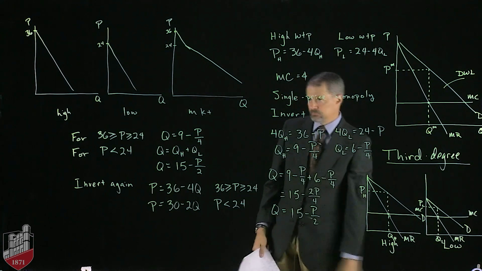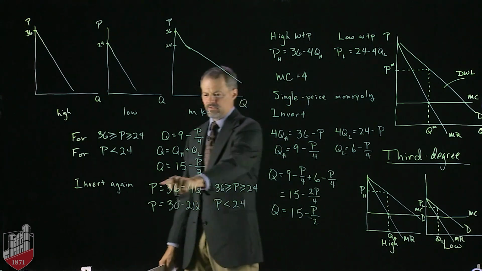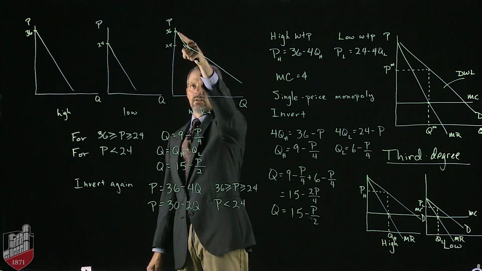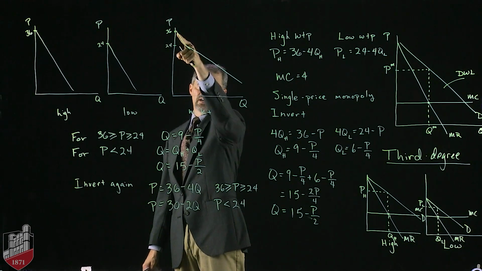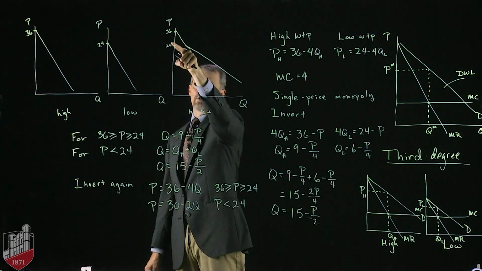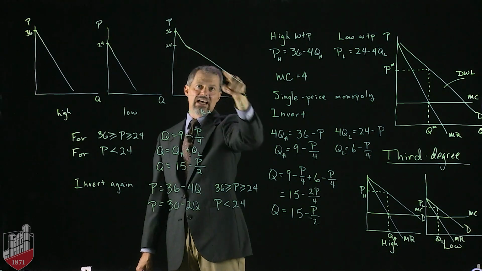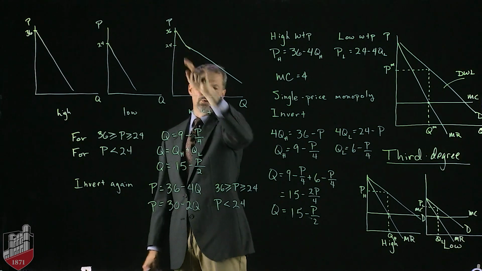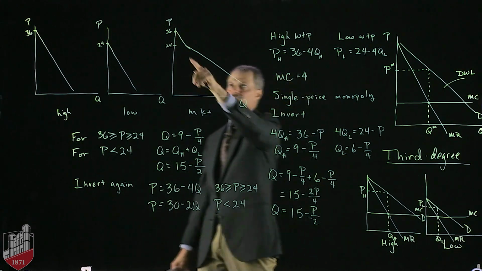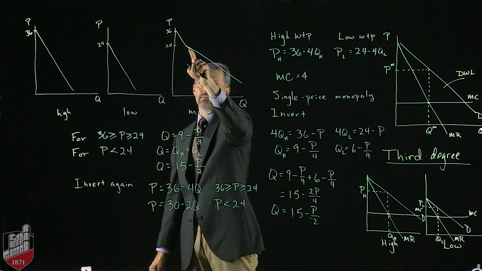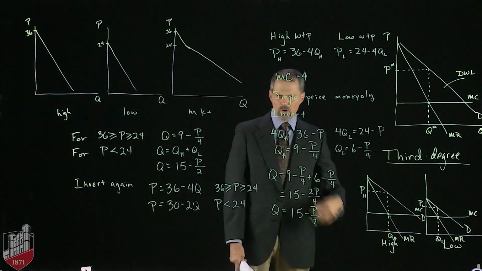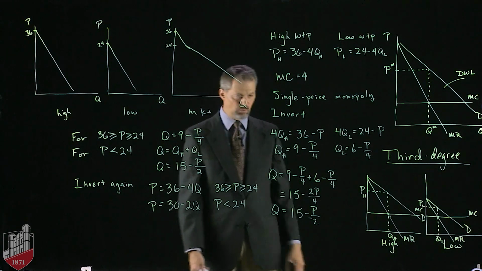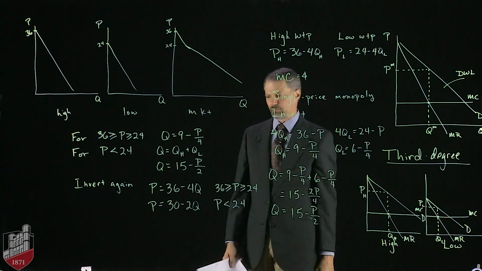Okay, now, these two functions, if you graphed them, you would get one of them that comes down like this, and you'd get the other one that comes from here and goes down. But all we're interested in is this portion of the two. They're going to intersect each other, and we're interested in this portion of it, okay? But what we really need is the marginal revenue curves that go with this, because we're going to be looking where marginal revenue equals marginal cost.